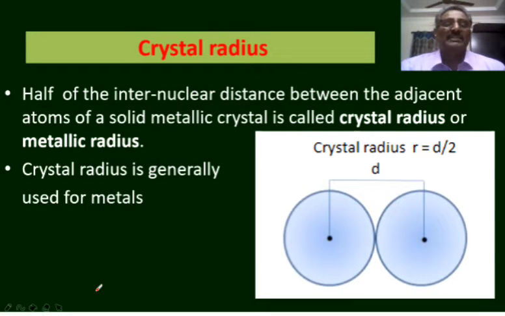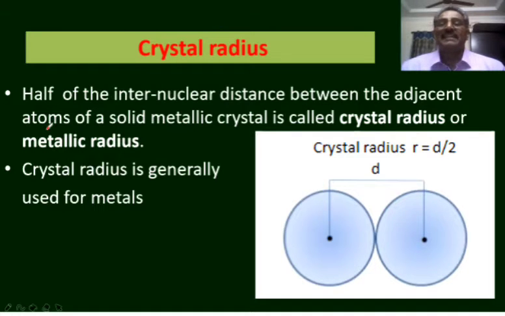I already told you that the crystal radius is generally used for metals. In the metals, the atoms of metal are arranged in a three-dimensional manner. This kind of arrangement of metallic atoms in a three-dimensional manner is known as crystal lattice.